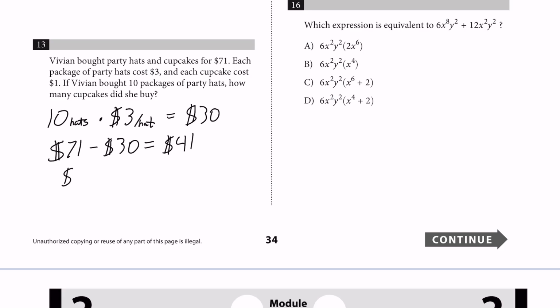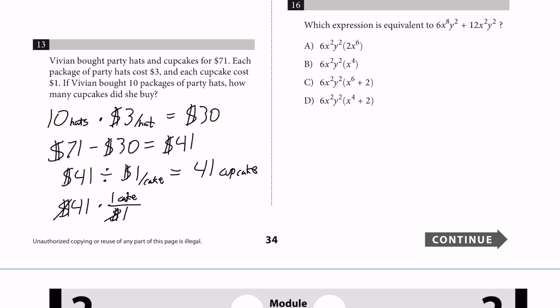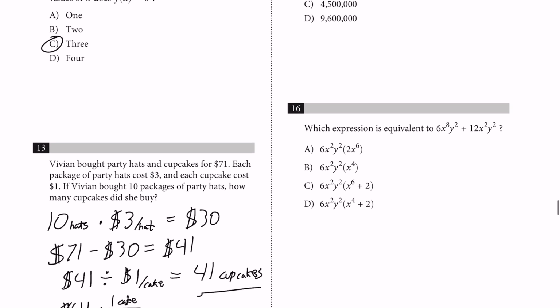So we're going to do 41 divided by $1 per cupcake. The dollars are going to cancel out, and that's going to leave you with 41 cupcakes. And that's going to be your final answer.